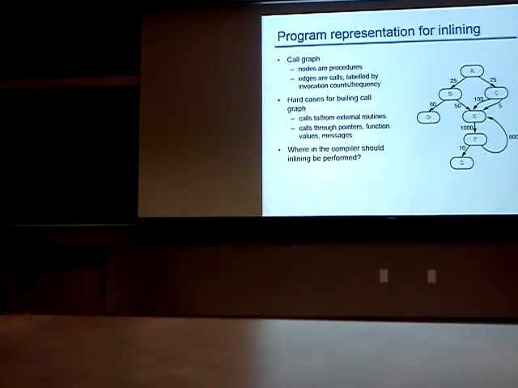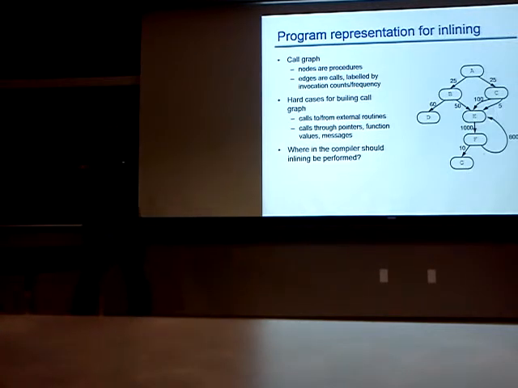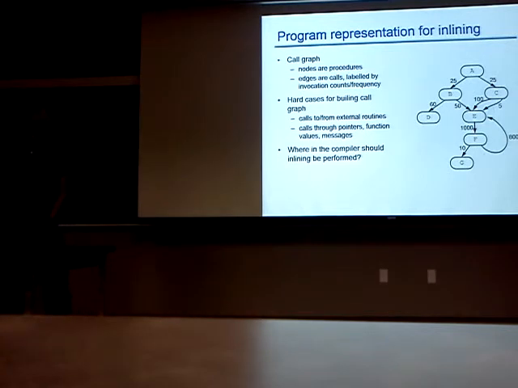So the problem is at this point you're not seeing all the functions that are available for inlining. That's why, coincidentally, in C++ you have all these header files that include code, because if you want to inline something, it mostly has to be in the header file. So when you include the header file, the compiler sees it. Something that's not in a header file is very hard to inline across different files in C++.